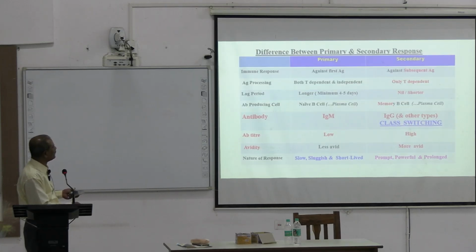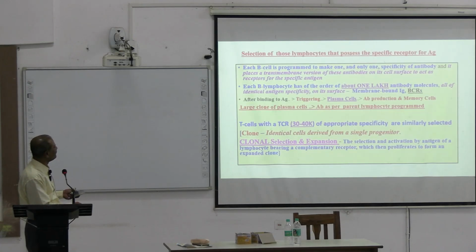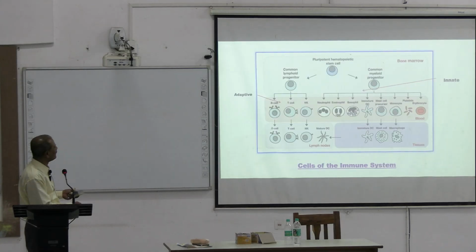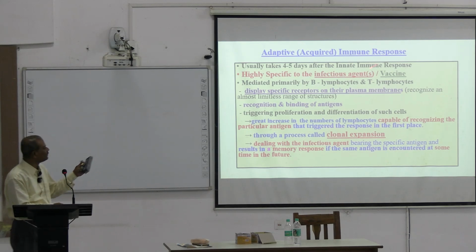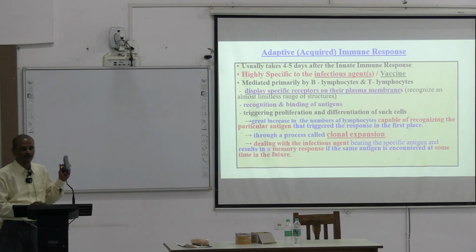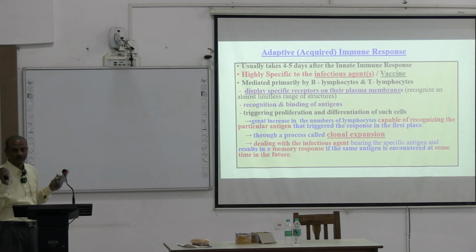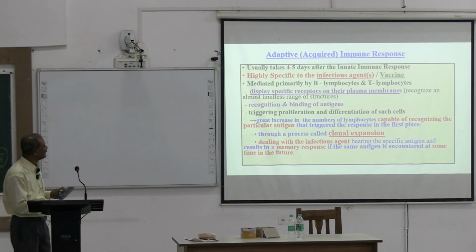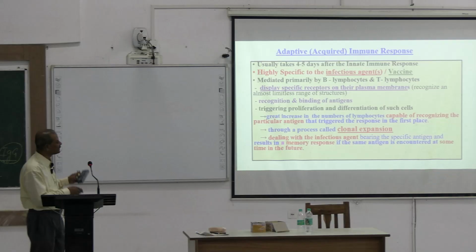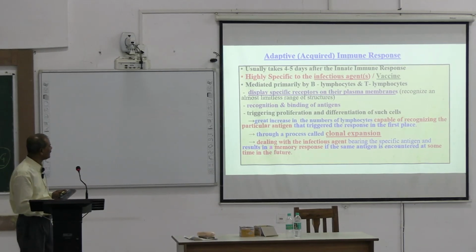Okay. So coming a little bit back, this I have told you, adaptive immunity takes about 4 to 5 days minimum time to develop, and it is highly specific for the infectious agent, because a specific immune response has been mounted against it and displays the specific type of receptor on the plasma membrane.